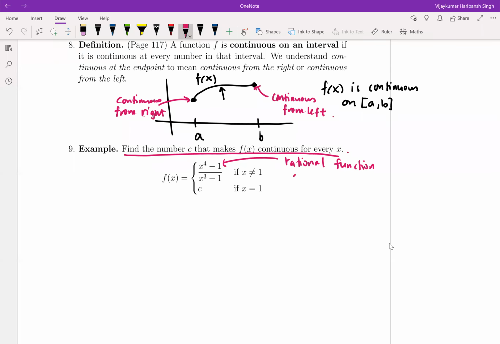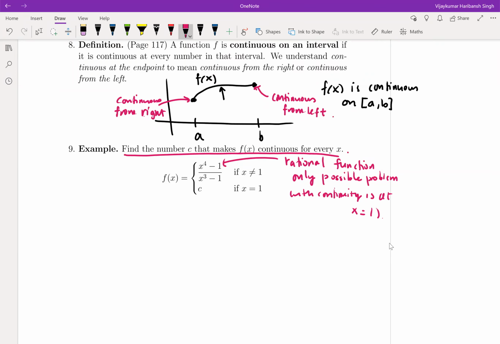So the only possible problem or obstruction with continuity is at x equals 1.